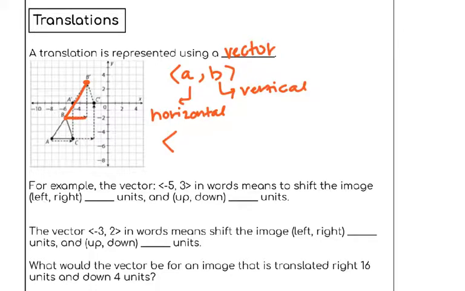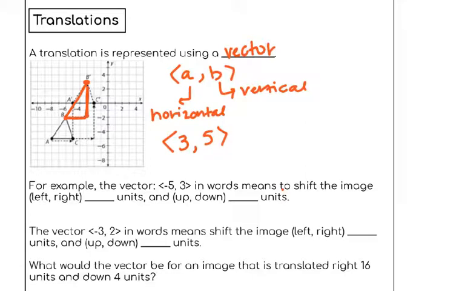So that's positive 3. And then what is our vertical change? Are we going up or down, and how many units? Well, we're going up, so it's positive, and we're going up 1, 2, 3, 4, 5 units. So our vector for this translation is going to be 3, 5.